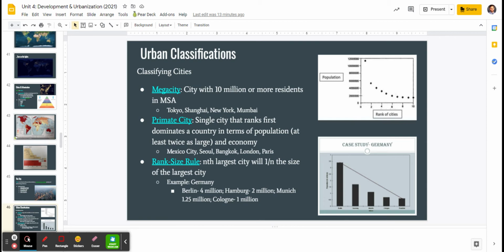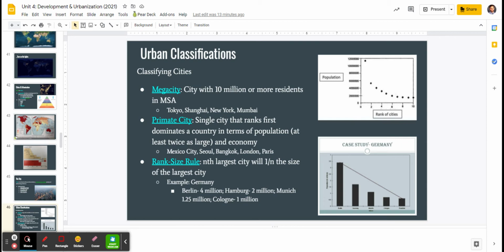And then we classify certain places as either being primate or following the rank size rule in countries. In some countries, they have one single city that is so much larger in population than the other cities, for various different reasons. Basically, it has to be more than double the next largest city in terms of population.